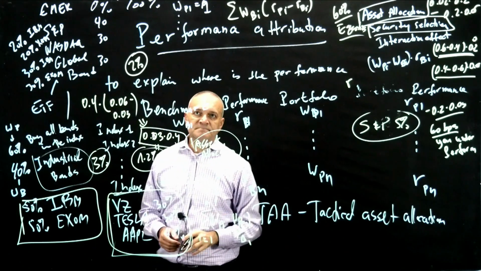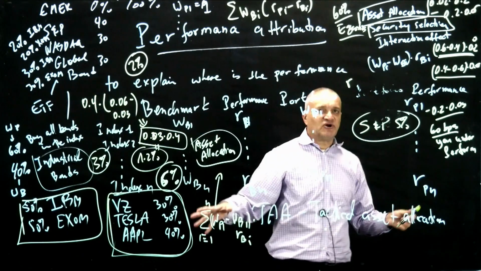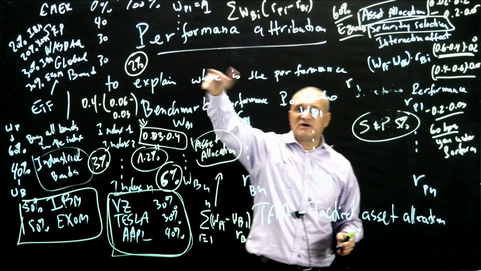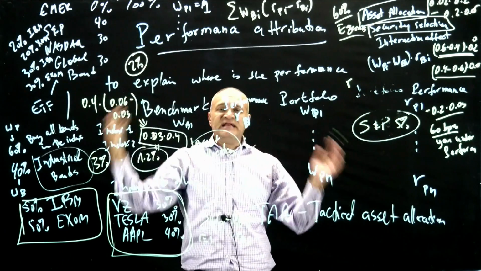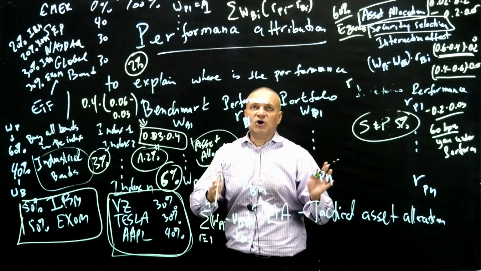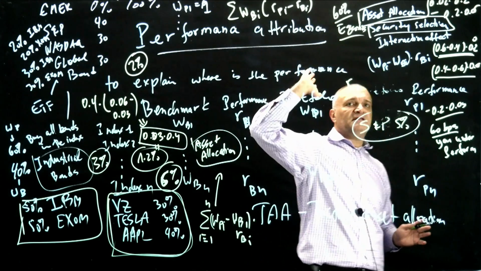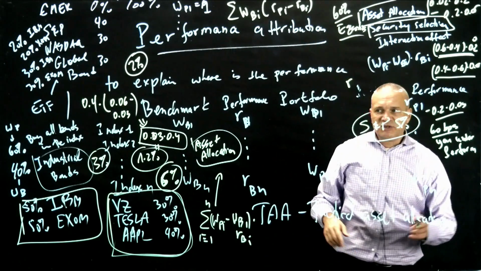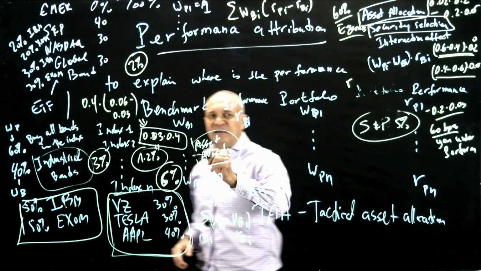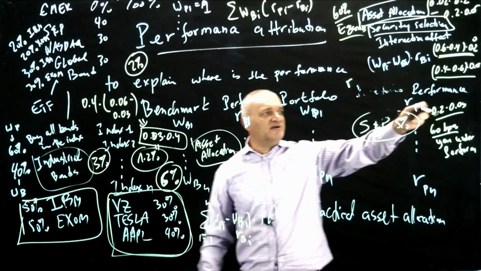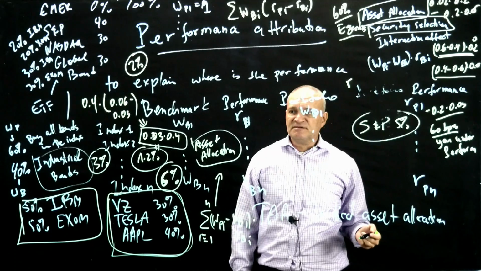That's it. So in this case, in the S&P you did not get any outperformance because you said, I don't know anything about equities, so I just underweighted the equities. Here you have a 1.2% outperformance, but here you have underperformance.